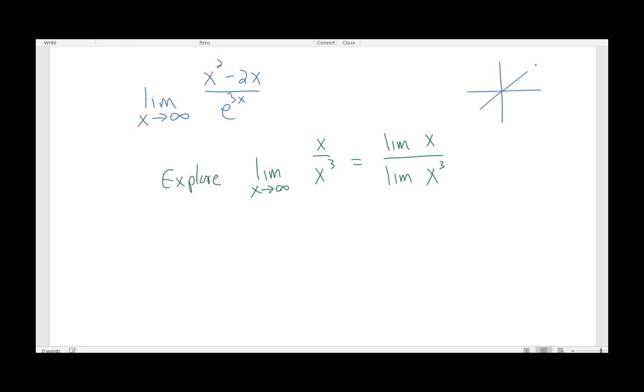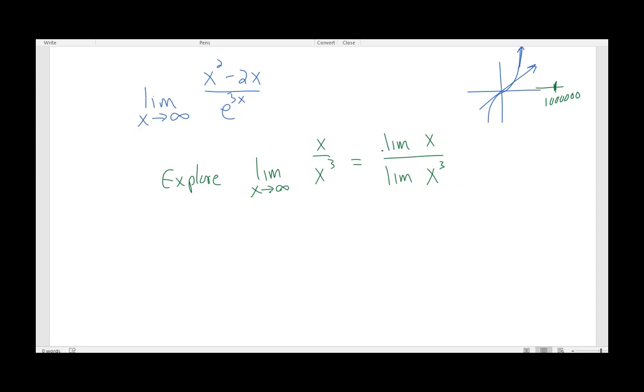here's a linear function, y equals x. Here's the cubic function. We can see the cubic gets bigger much quicker. So in a race, as we go to infinity, which one gets there faster? Well, the cubic is going to get there much, much, much faster. In other words, if I come out here to x equals a million, and x cubed is a million cubed, that is much larger than just a plain old million.